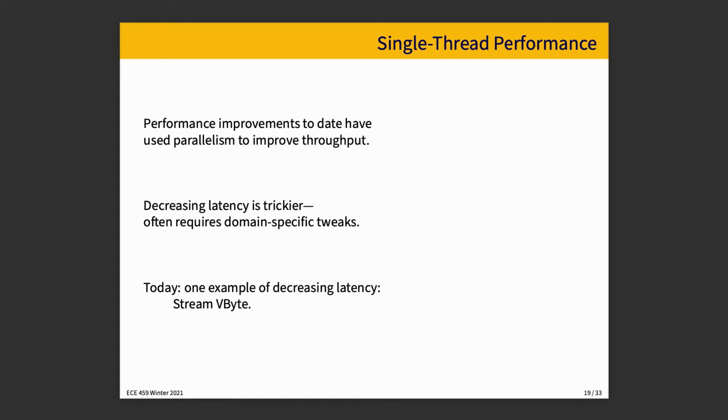It makes it a little bit easier to parallelize and increase bandwidth, but not necessarily any easier to decrease the latency. And when we want to do so, sometimes we're going to do something domain specific. And here, the example that we're going to talk about, Stream VByte, is really all about decreasing the latency. And we're going to see if it works, and also, okay, it does, but how does it work?